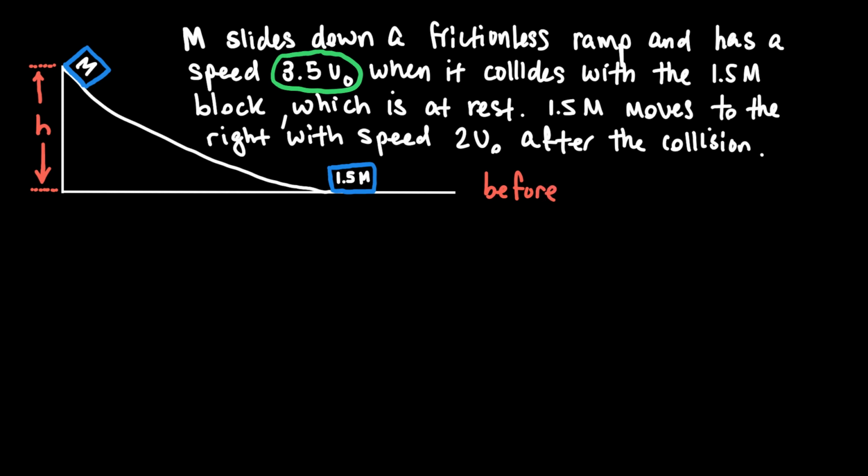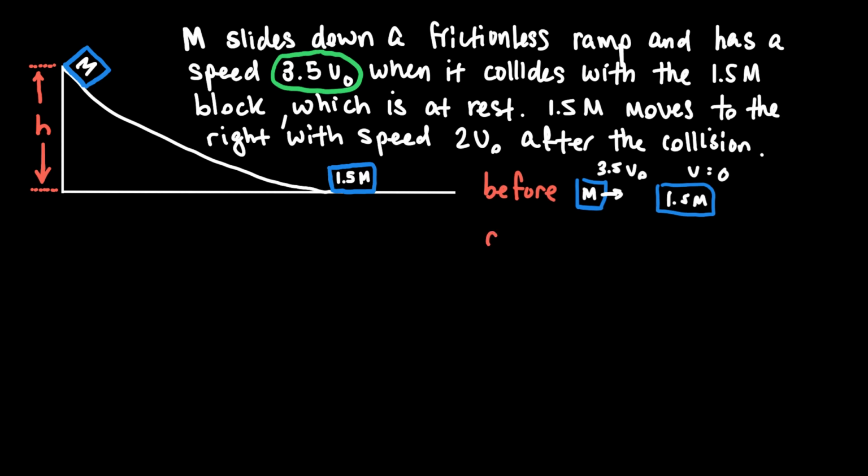Before the collision, we have the block with mass m, which is moving to the right with a speed of 3.5 v0, and the block with mass 1.5 m has no speed, v equals 0. And so that's what the picture looks like before the collision.